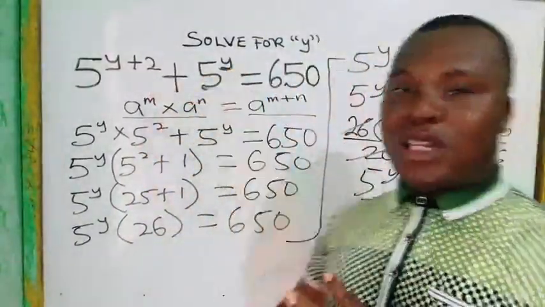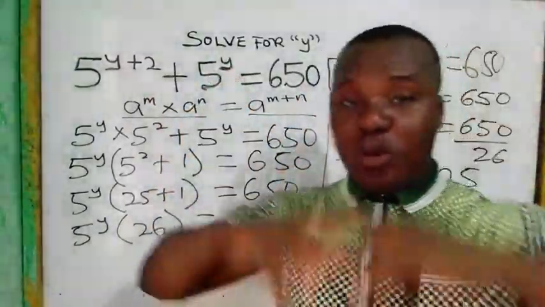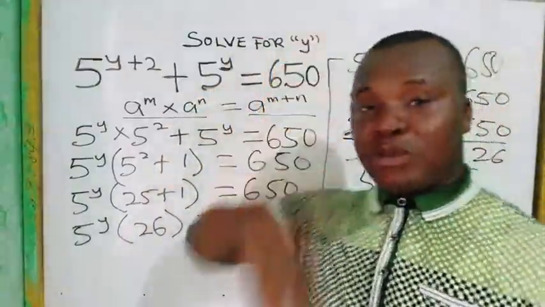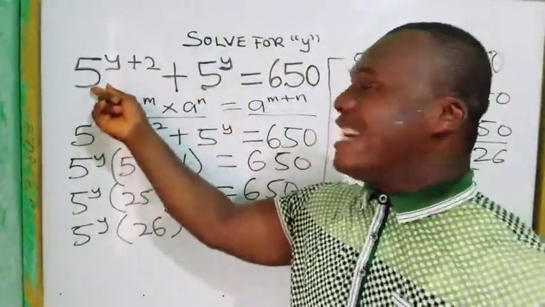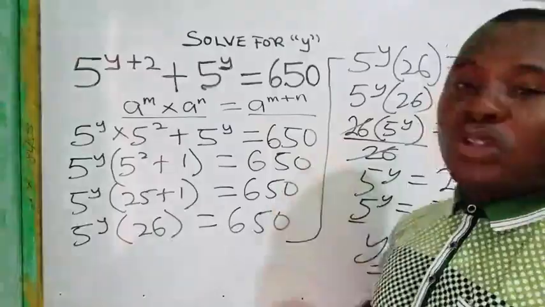Plus 5 raised to the power 2, since y is also 2, which is 5 times 5, 25. So at the end, we have 625 plus 25, which is 650, equal to 650.